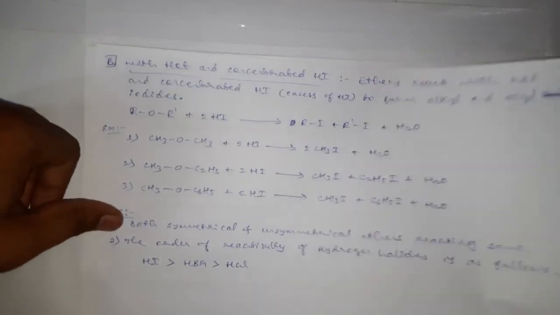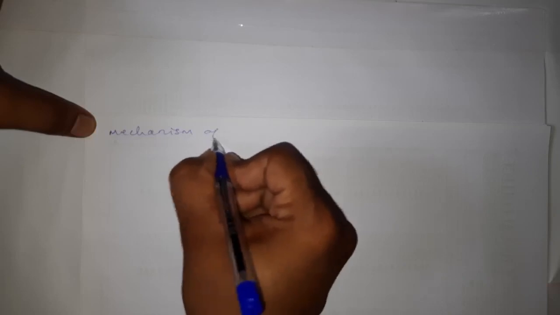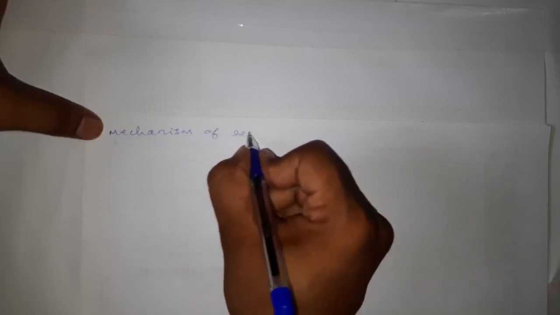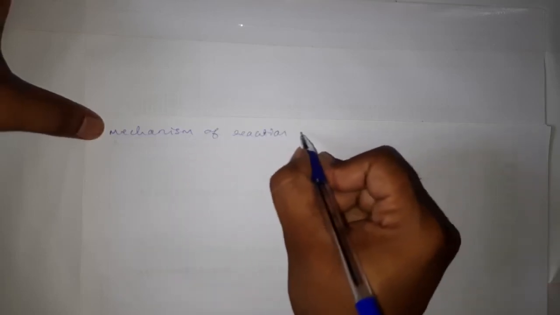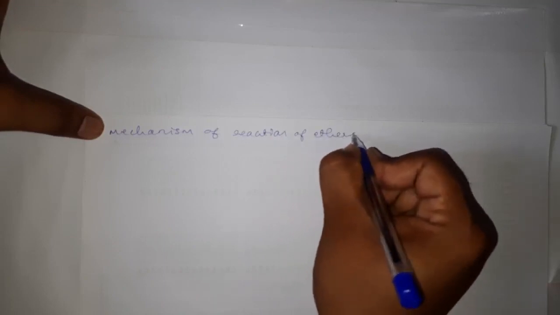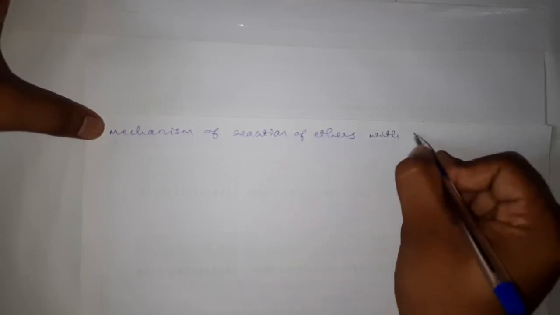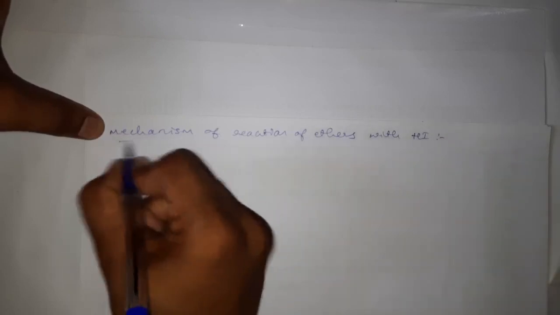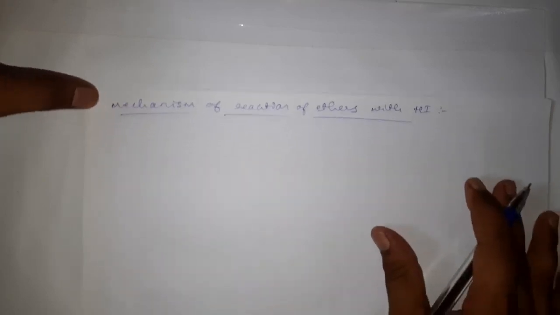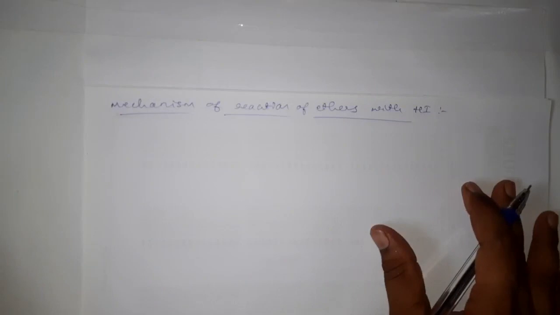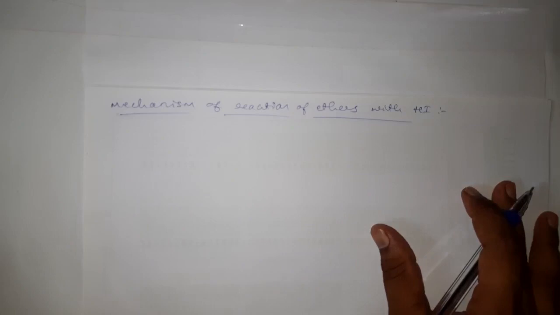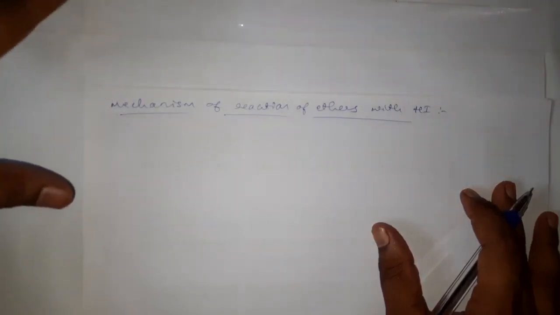Then now we have to discuss the reaction mechanism of reaction of ethers with HI. Here with only one mechanism I am explaining the reactions of both hot and cold hydroiodic acid with the ethers.